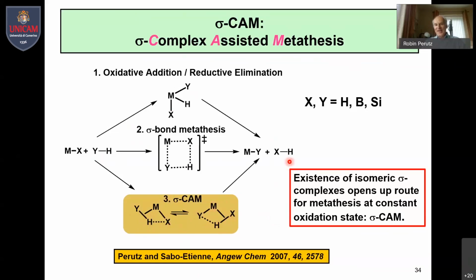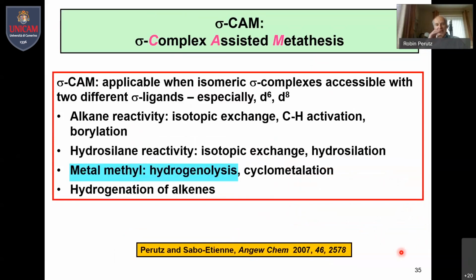We lose that HX and we get to the product. So these isomeric sigma complexes open up the route to metathesis, and we call this sigma complex assisted metathesis, or sigma-CAM mechanisms.